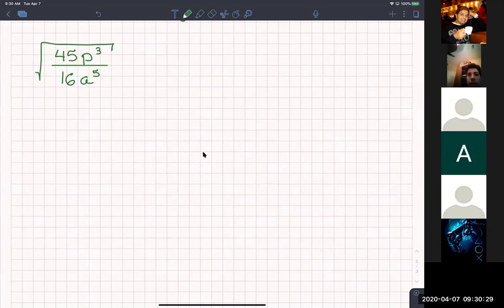All right, so let's talk about this. So remember, the first thing we're going to do is we're going to separate everything in the numerator. And we're going to separate everything in the denominator.